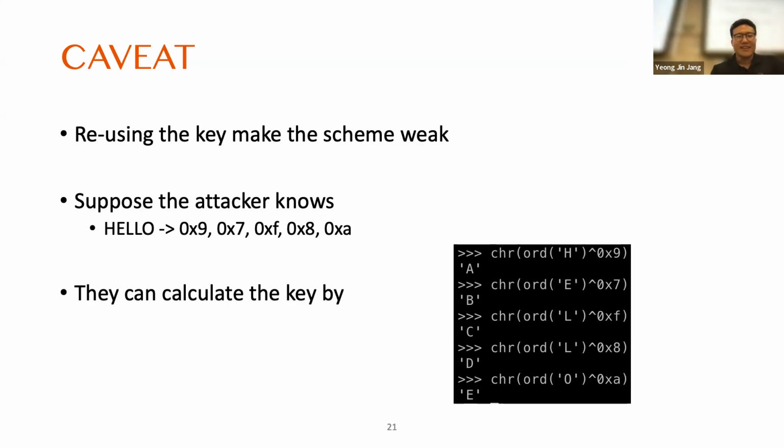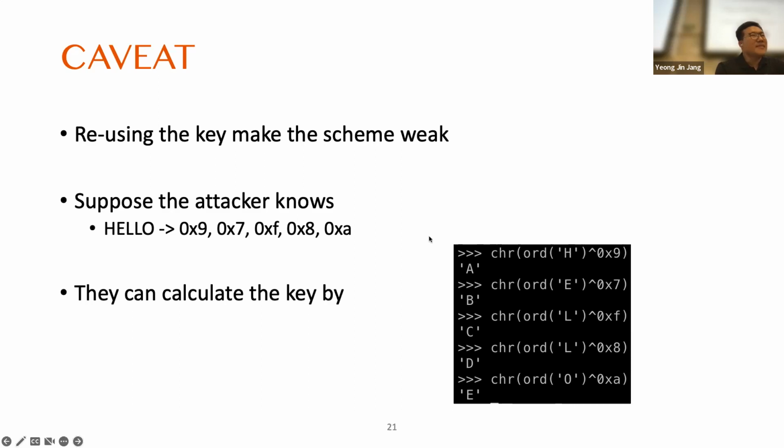If you know that, then you can recover the first five bytes of the key by just XORing that with the ciphertext. For example, in the previous example, the ciphertext was 97F8A. But if you know that the message corresponds to hello, then just XOR the byte sequence of HELLO, and you can recover the key.